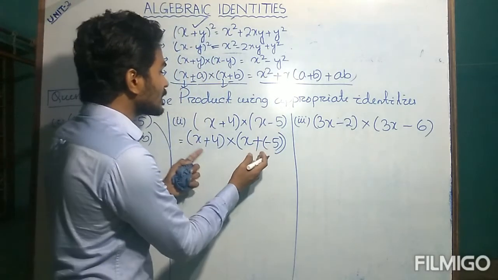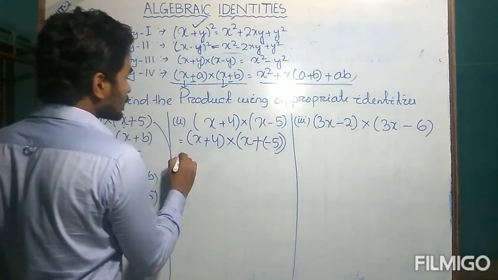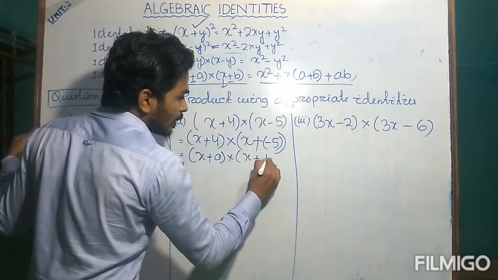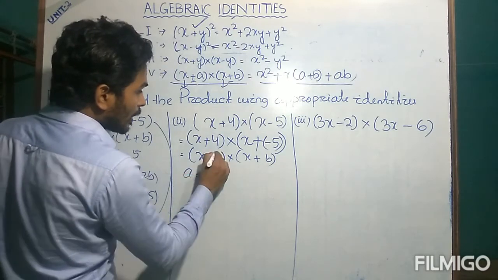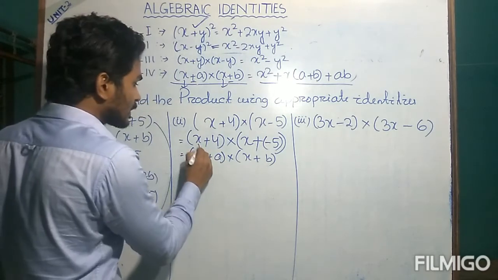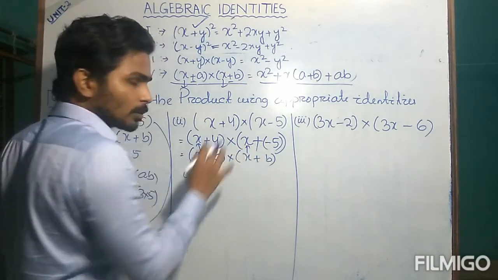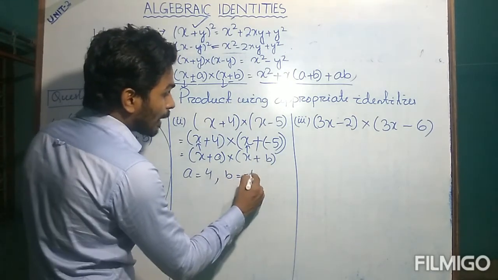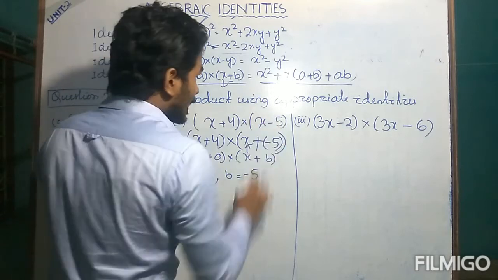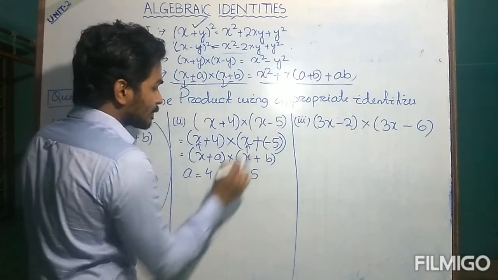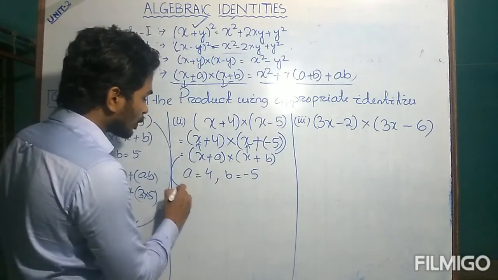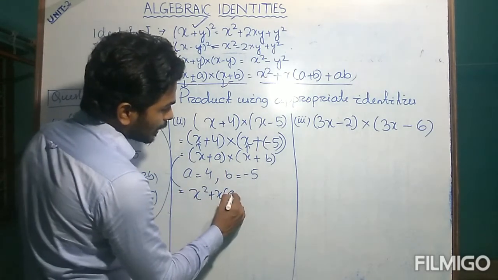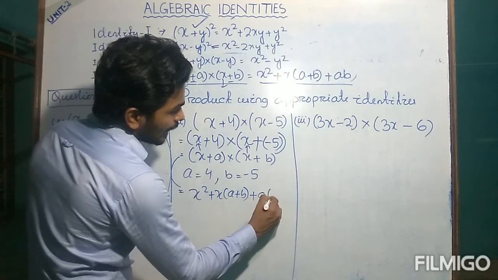Okay. So now this product resembles the product (x plus a)(x plus b), where a is 4, x is x, no change, and b is minus 5. Always keep in mind it is minus 5. Now the formula of (x plus a)(x plus b) is x square plus x times (a plus b) plus ab.